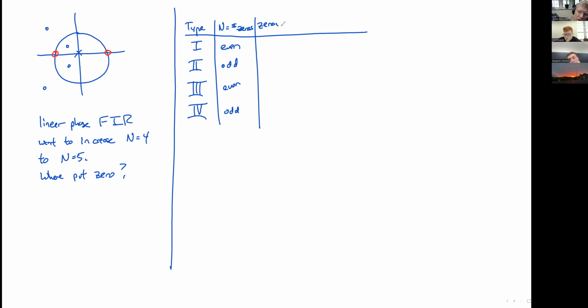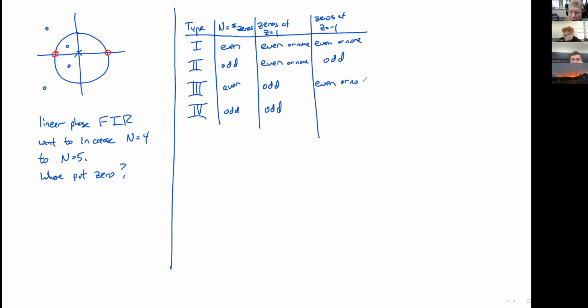The zeros that you have at Z equals 1 are going to be even, odd, even, or odd. And when I say even, I'm also including the possibility of having none. And we can make a similar argument about zeros at Z equals -1. Here, though, it's going to be even or none, odd, even or none, odd.